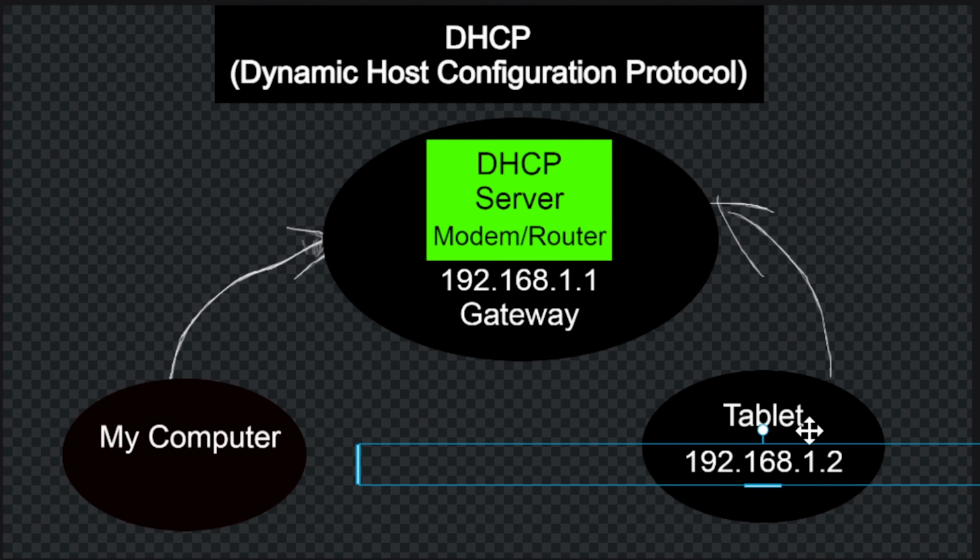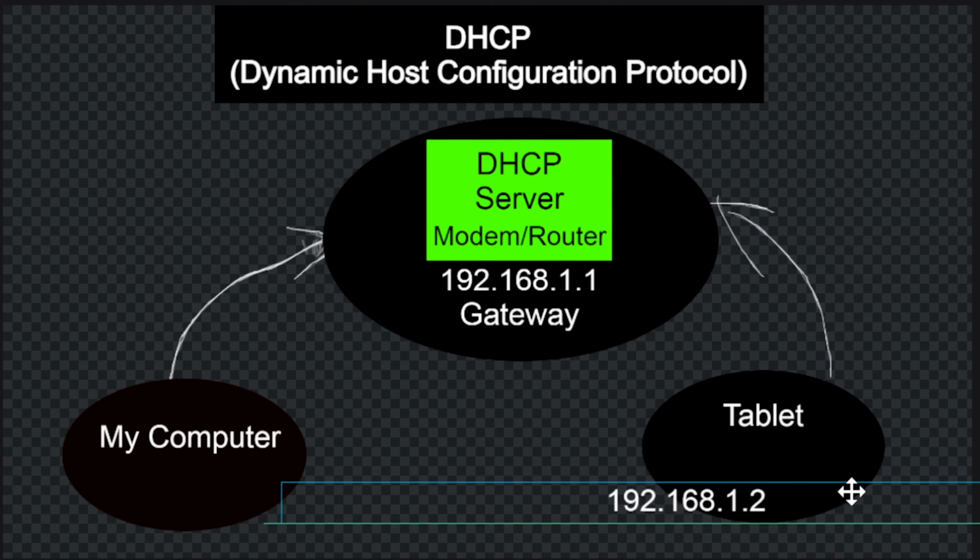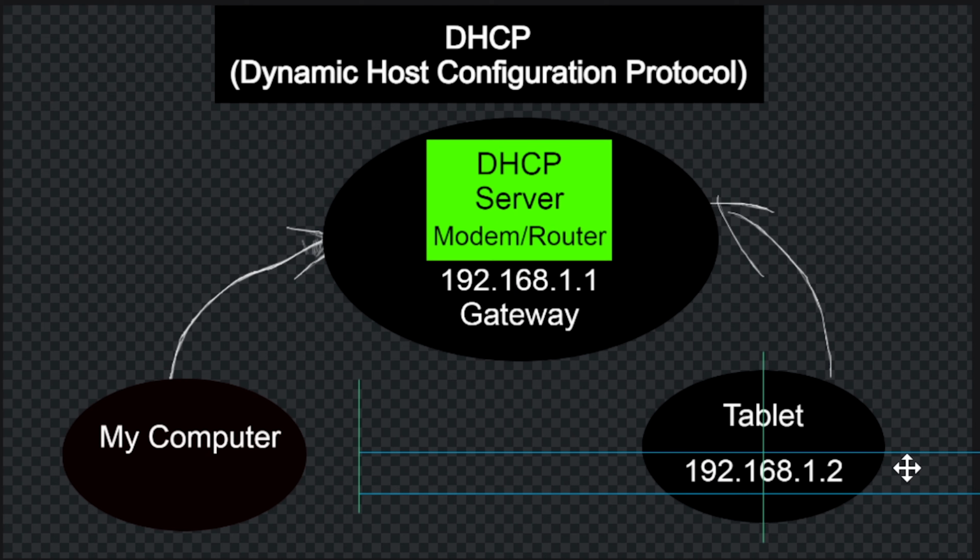All right. So now this one, instead of having .3, has .2. Why is that? Well, because my computer is not connected to the Wi-Fi and tablet connected first. And when it comes to DHCP server, it's first come, first serve. Remember, this one used to have this IP address because it was connected first. But now, tablet connected before it, so it gets the next available IP address.